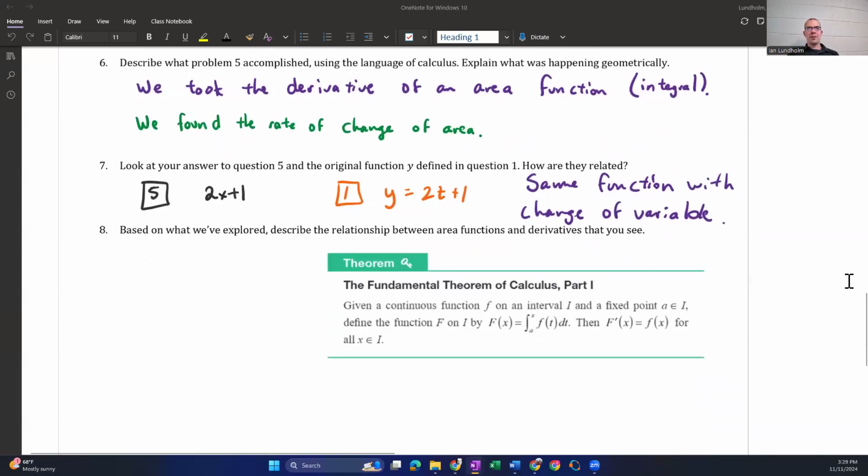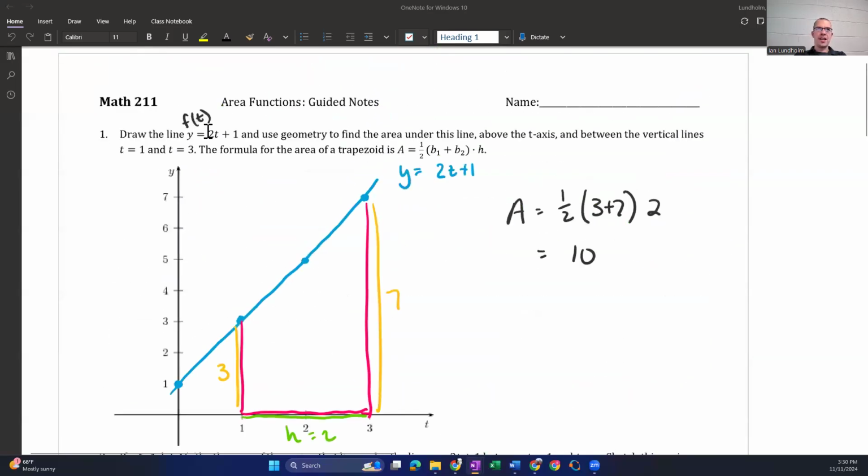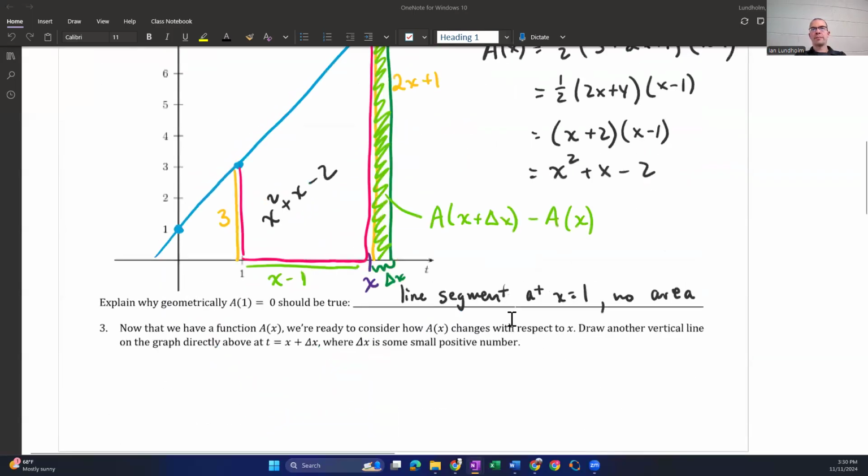Based on what we've explored, can we describe the relationship between area functions and derivatives that we see? What we just worked through is the fundamental theorem of calculus, part 1, where we have a continuous function f. That continuous function f is this original f of t equals 2t plus 1.